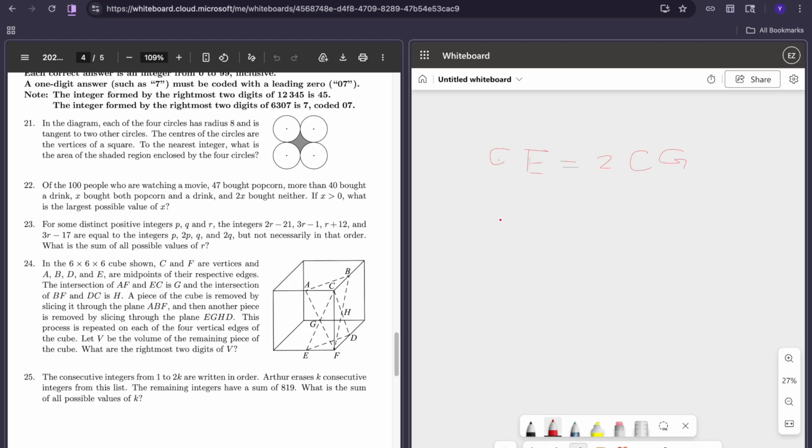So what we do is first we find out the volume of this prism. So base times height over 3. So base here is 3 times 3 over 2. Then times height 6. Then over 3. We get 9.